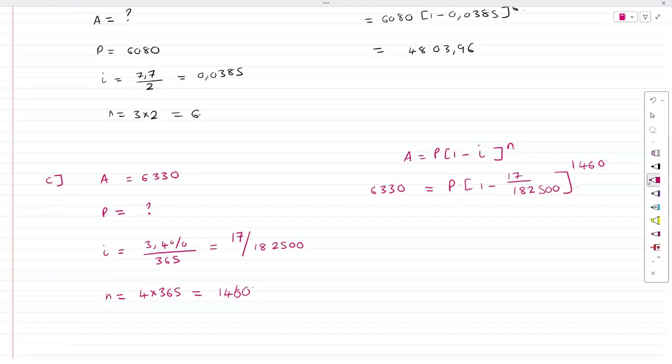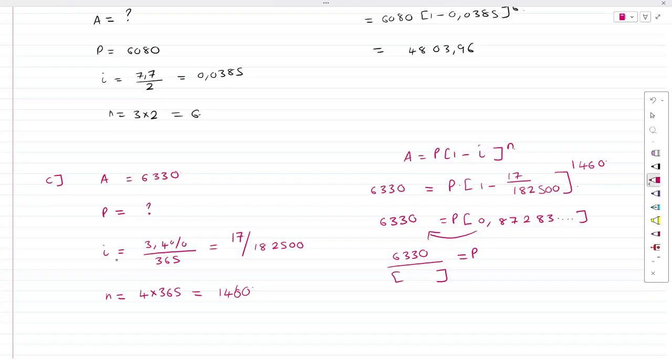We should get an answer of P times 0.87283, some change. I'm not writing the whole answer down. P times this is 6330. I prefer this because I can see mistakes.